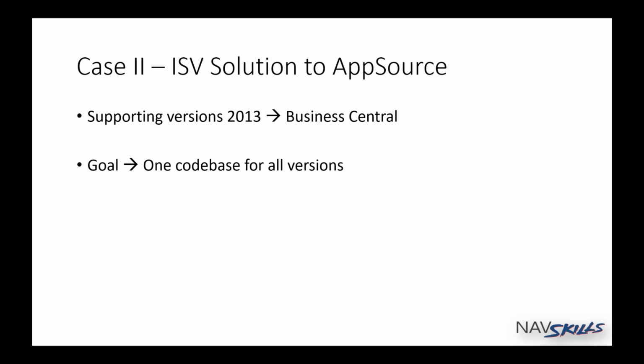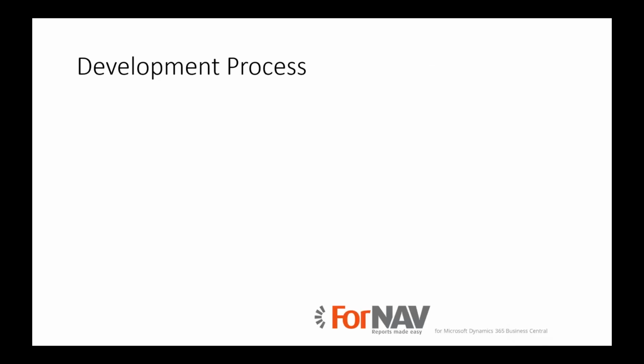We have customers on NAV 2013, 15, 16, 17, 18, Business Central on-prem, Business Central with extensions, AppSource. We want to keep everyone on the same code base, and we only want to make every code change once. So the development process looks a little different than the customized customer project.